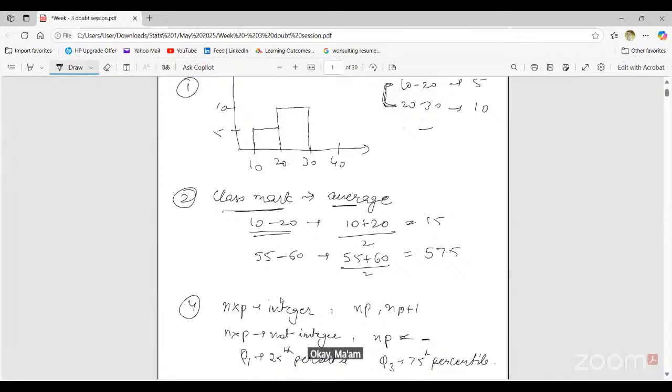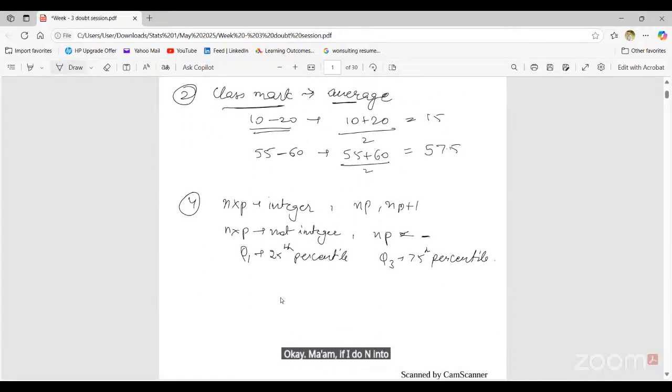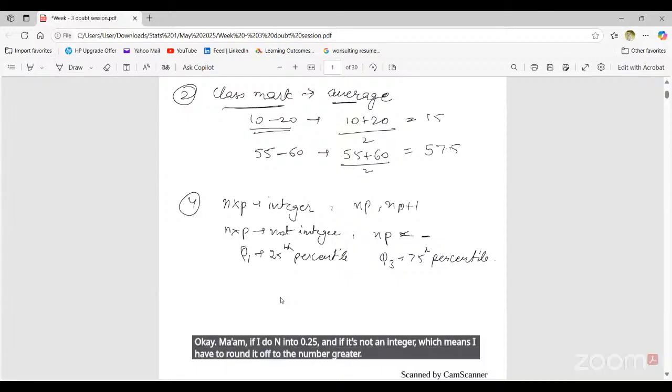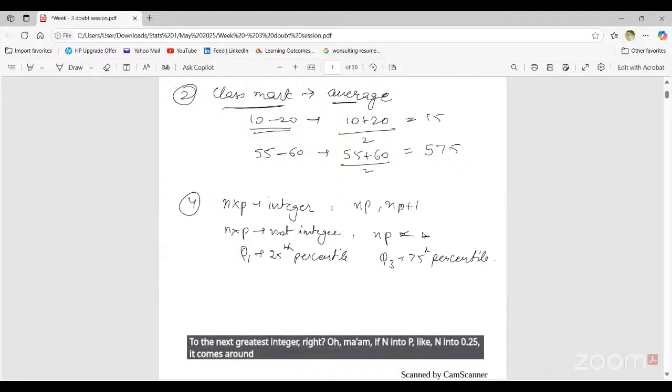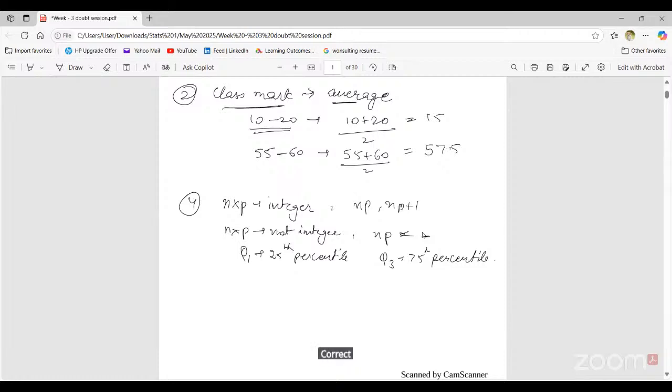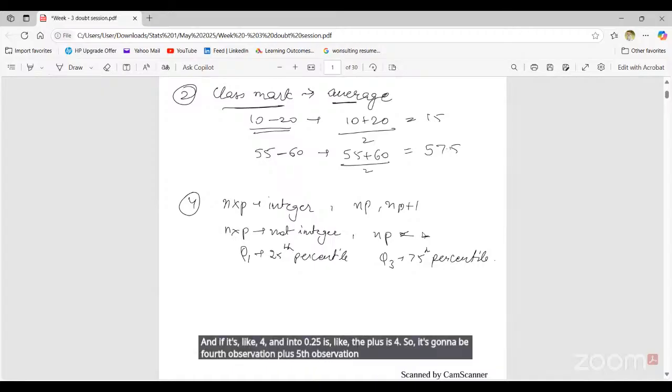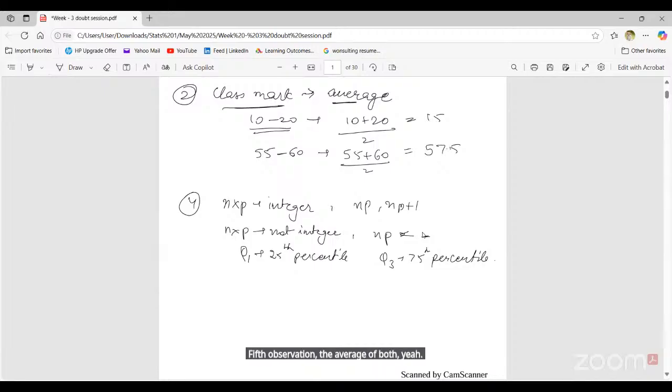Ma'am, if I do n into 0.25 and it's not an integer, I have to round it off to the next greatest integer, right? If n into 0.25 comes around 3.25, that will get rounded off to 4. Correct. And if n into 0.25 is 4, it's going to be the fourth observation plus the fifth observation, the average of both. Okay, ma'am. Thank you.